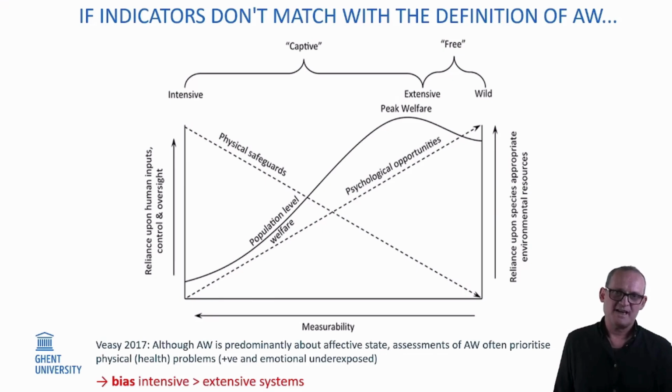They don't want any physical damage to the animal, but at the same time, these intensive systems offer far fewer opportunities for positive welfare, behavioral expression and positive emotions. But we have far fewer indicators of that. The effect is that our assessment tends to be biased in favor of the intensive rather than the extensive housing systems, just by our choice of indicators.